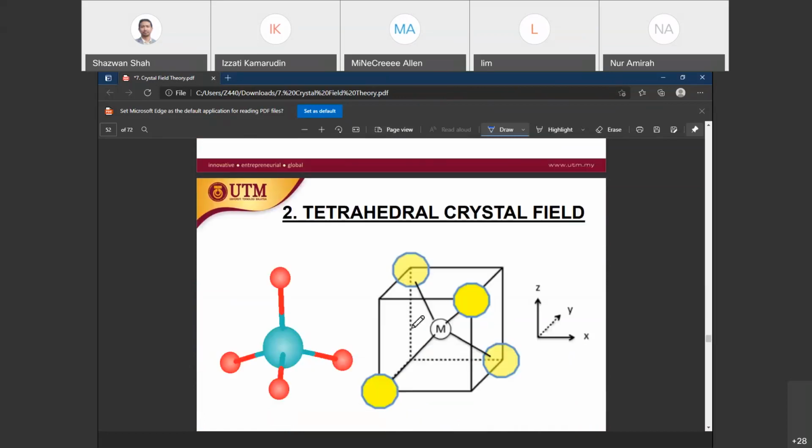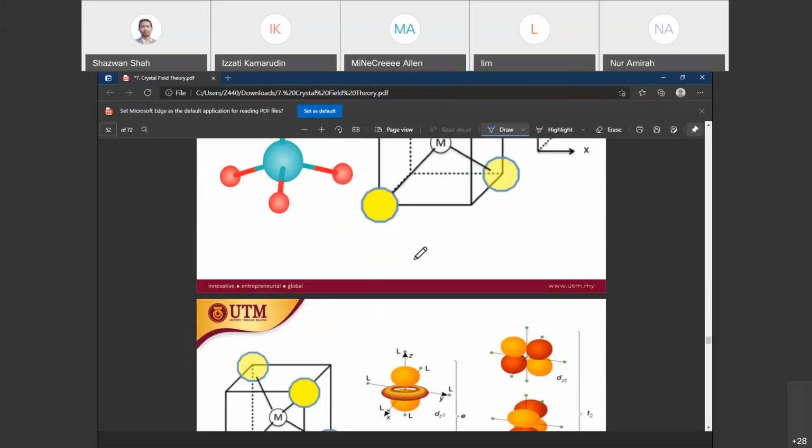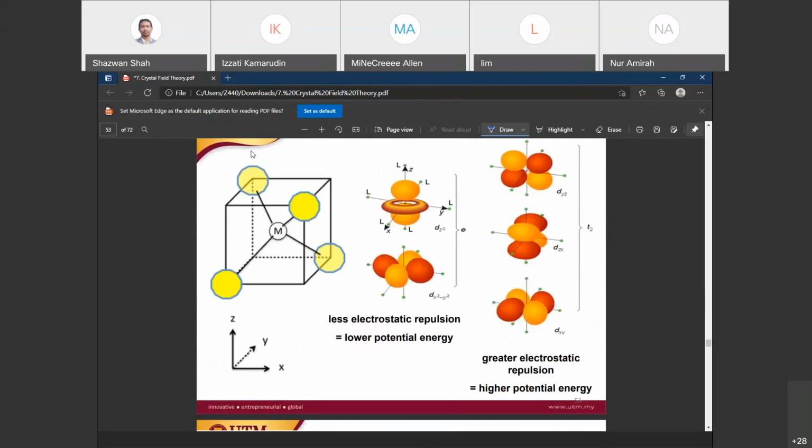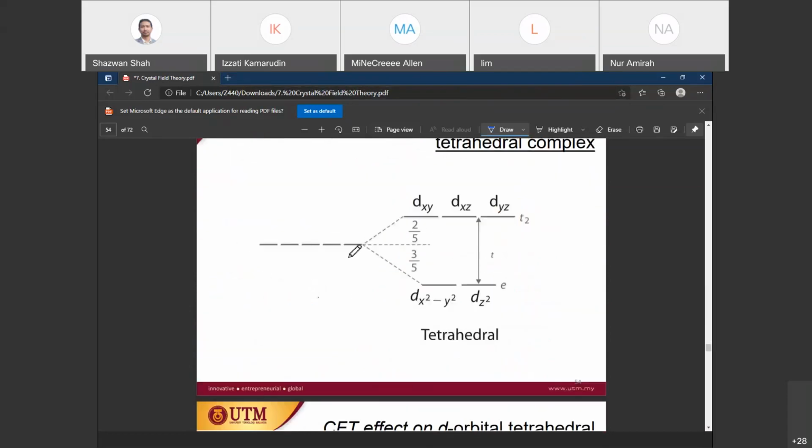Okay, and then for tetrahedral field, the crystal field is opposite to octahedral. So for octahedral, you have 3 at the bottom and 2 at the top. For tetrahedral, it's simply the opposite of this.